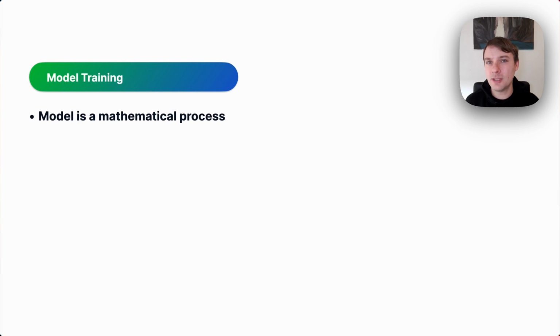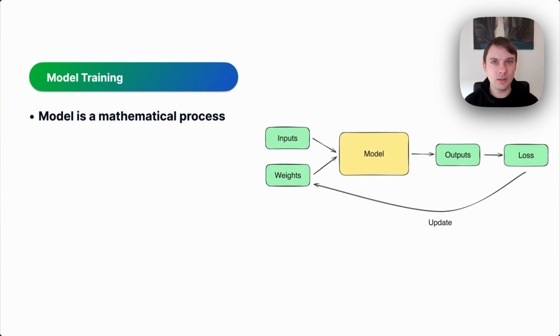Now, a model is a mathematical process. So imagine describing speech as a mathematical process, or describing, I don't know, this strawberry over here as a mathematical process as well. This is basically a model. Now, when we want to do stuff like recognize speech or images or objects in images, we usually have this kind of process.